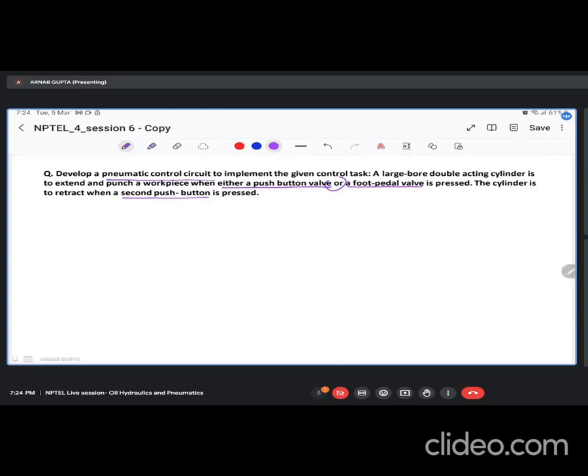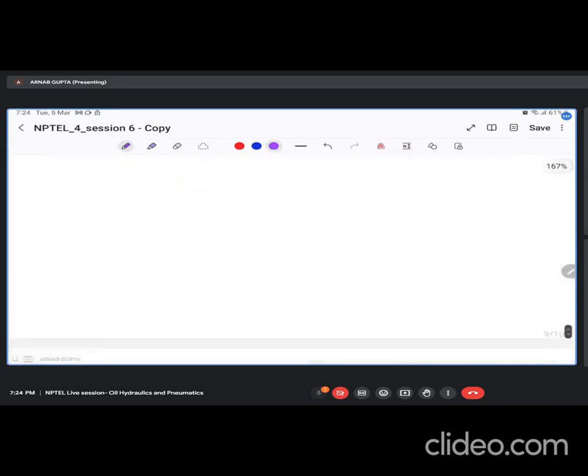Okay, so let's start again from the power pack. Instead of drawing this entire thing, you can draw a simple triangle like this. This is equivalent to this entire thing. For this one, I will just draw a triangle.